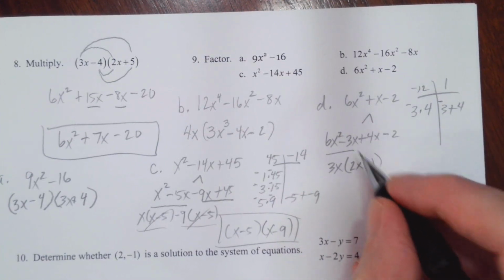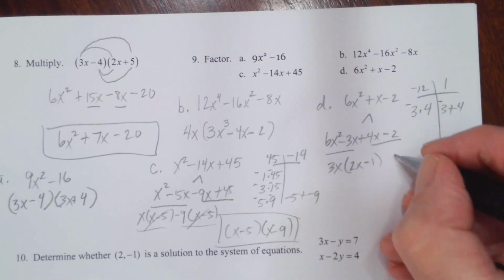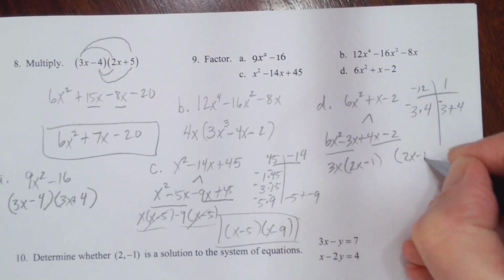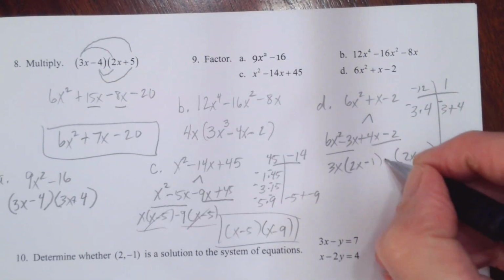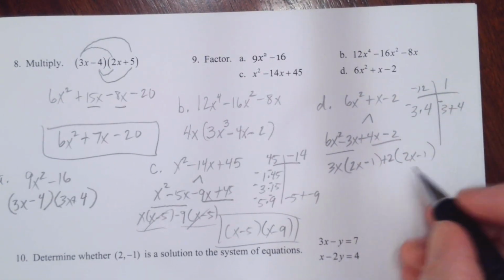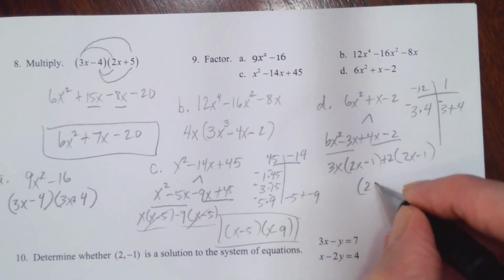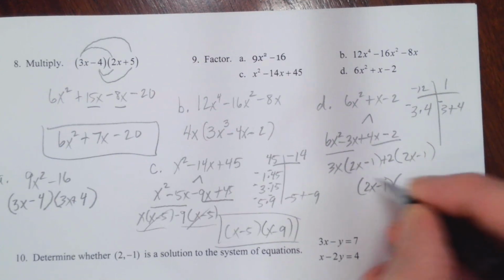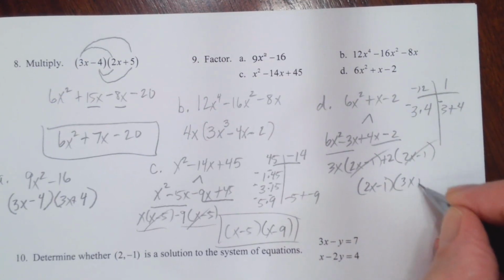Because 3x times a minus 1 will give us the minus 3x. So when we factor these two terms, we're expecting a 2x minus 1. Of course, 2 times 2x will give us the 4x, and it should be positive. Notice 2 times negative 1 is also the negative 2. So we end up with 2x minus 1 times 3x plus 2.